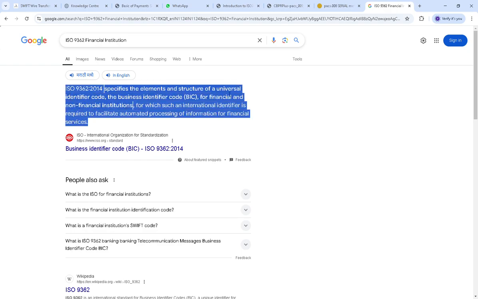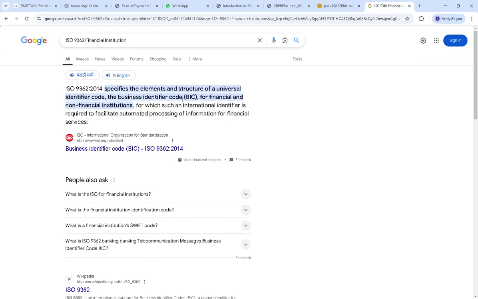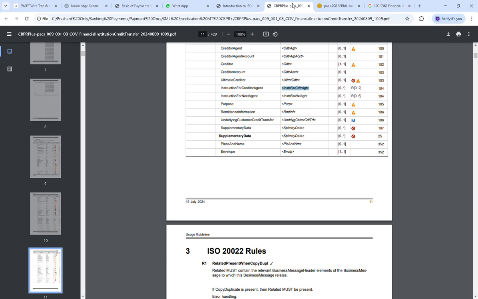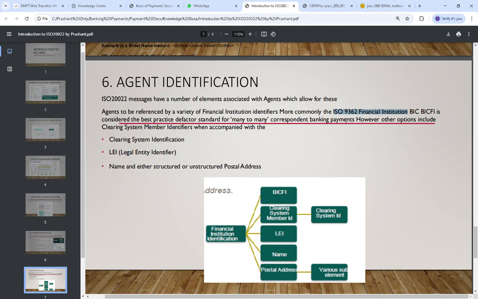So that's why we discussed BIC earlier, but just now we introduced a new word here. ISO 9362 is a benchmark, and due to regulation BIC is identified. BIC FI is considered the best practice de facto standard for many-to-many correspondent banking payments. However, other options include the clearing system member identifier.